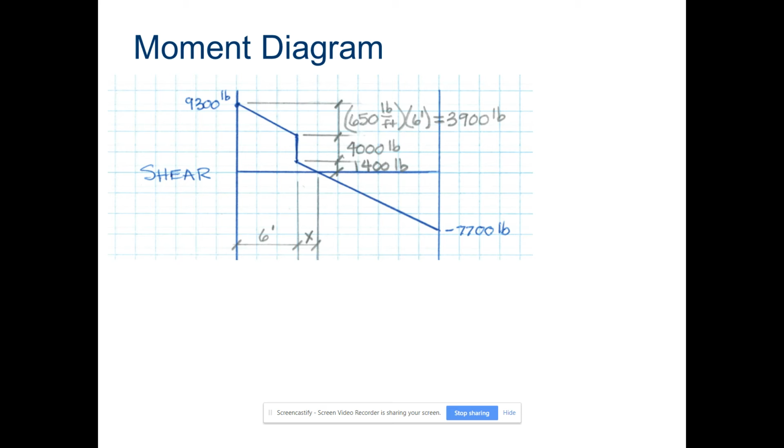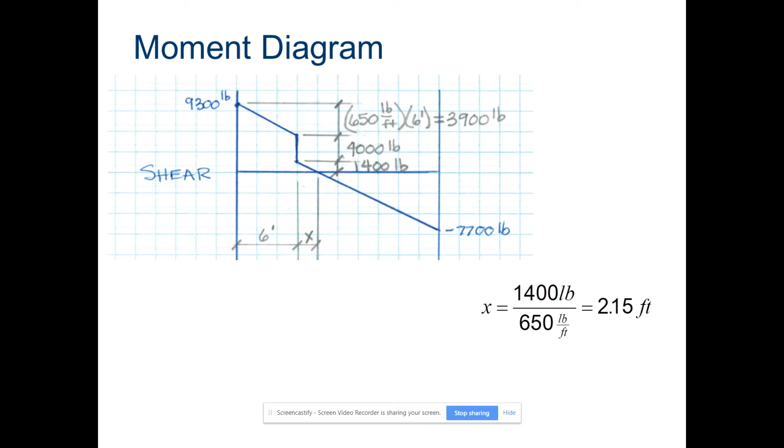So we're going to figure that out right now. Okay, there you see the X distance. In order to find that, we're going to take 1,400, which is our load, divided by 650 pounds per foot, and we come up with 2.15 feet.